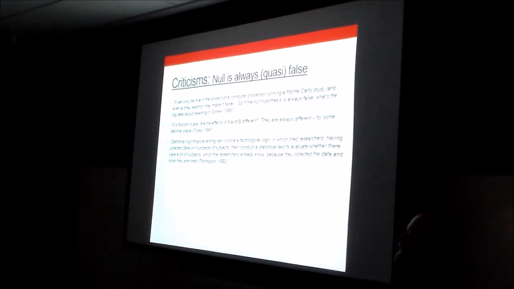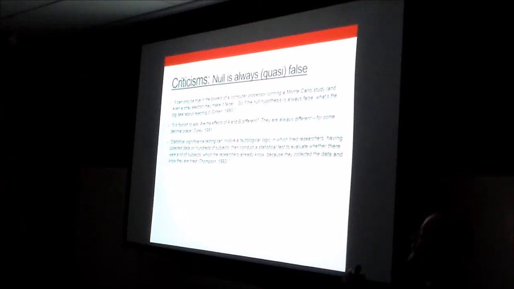And Thompson, you're getting into this idea of power, right? Significance testing can involve tautological logic, in which tired researchers, having collected data on hundreds of subjects, conduct a statistical test to evaluate whether there were a lot of subjects, which our researchers already know because they collected the data and they're tired, right? The sample size is the primary driver of our statistical tests. If I haven't reached statistical significance, I will get there if I collect enough people.